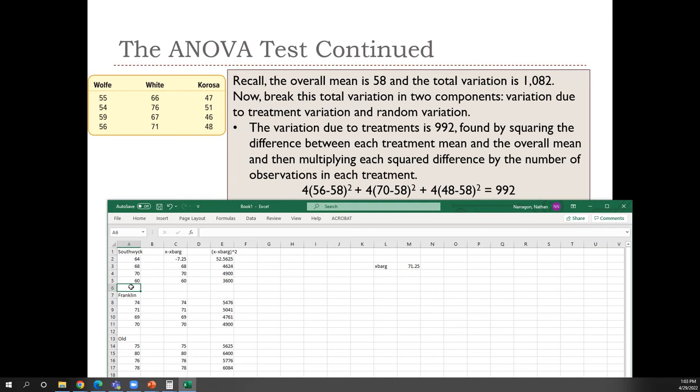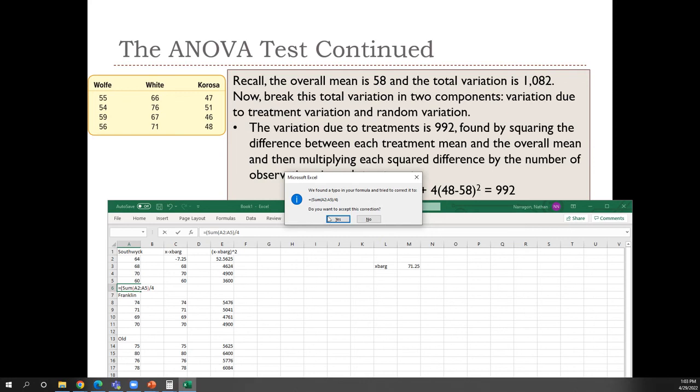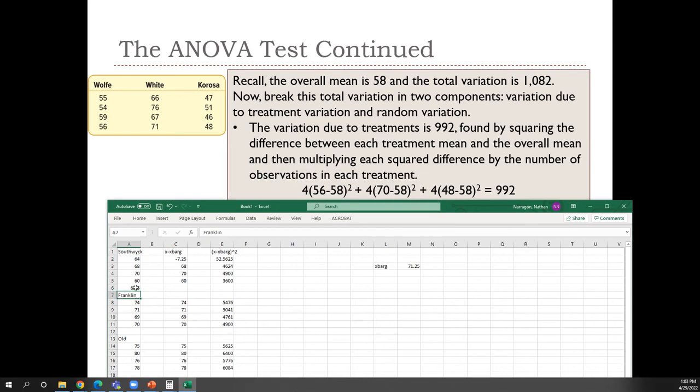So, mean, of course, is going to equal sum, this one, not minus, divide by how many observations?